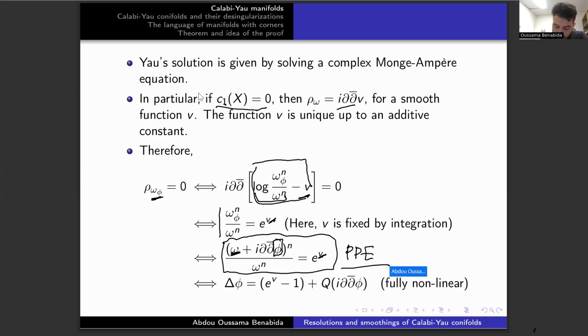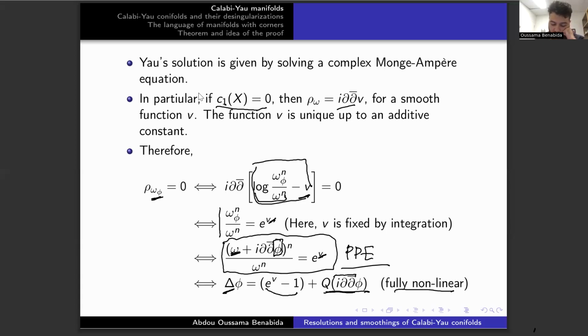If we expand this equation even further, it will be given in the following way: the Laplacian of phi is equal to exponential of V minus 1 plus some terms of higher order. These are quadratic terms, but they involve not only phi, but also i∂∂̄phi. So this shows us that the equation is fully nonlinear.